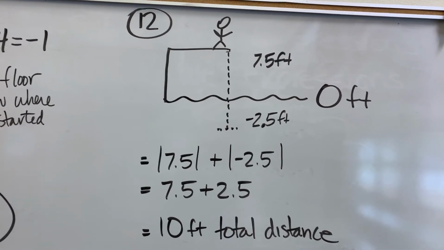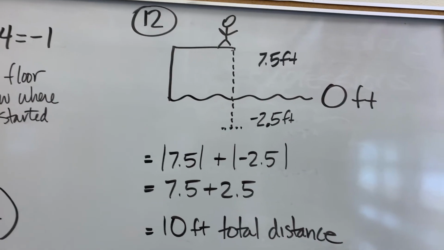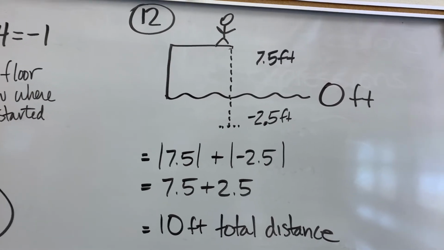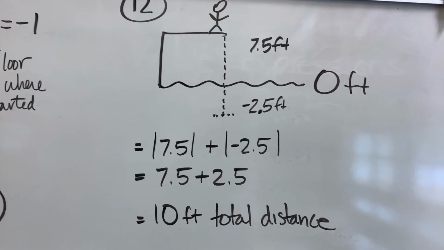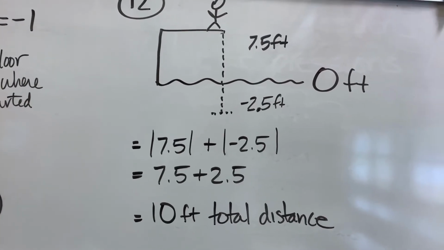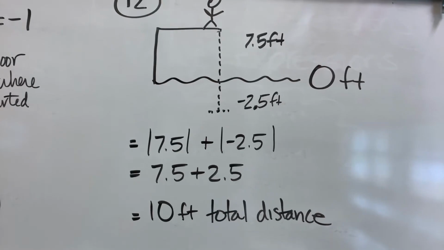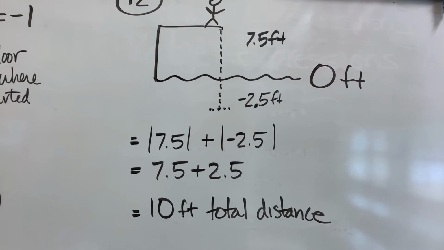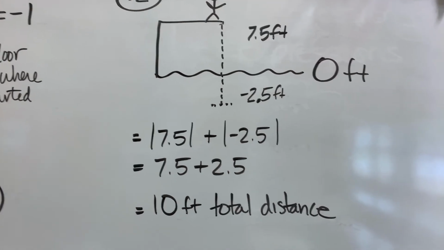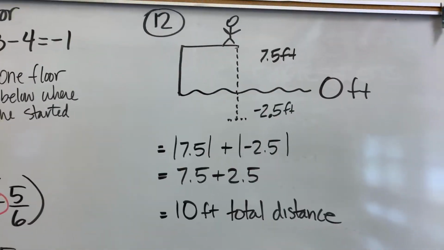All I had to do was find the distance from the diving board to how far she went underwater. It's a simple addition problem because the numbers are on either side of 0. I had 1 positive and 1 negative. So I either add their absolute values or I could have counted. Okay, that was 10 feet total distance.